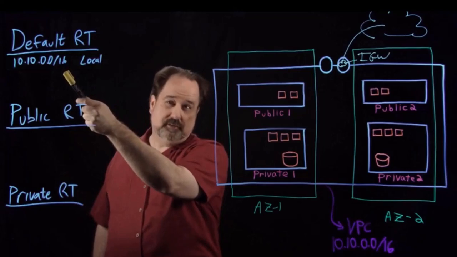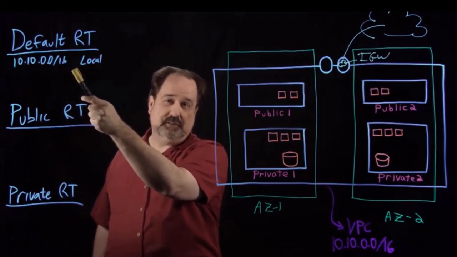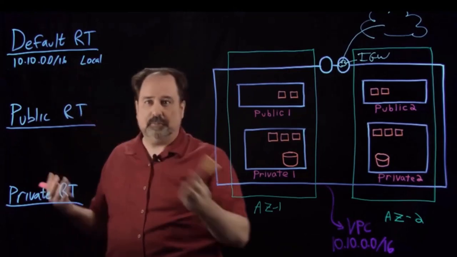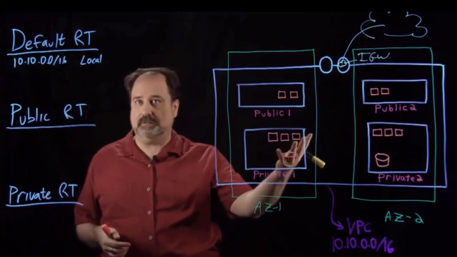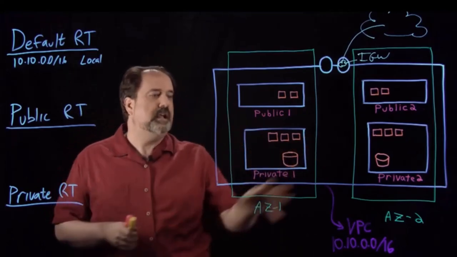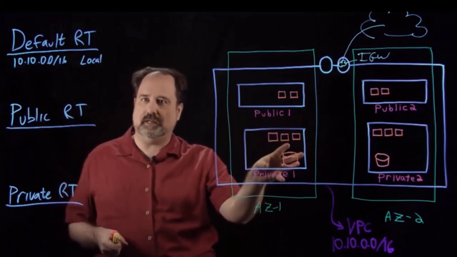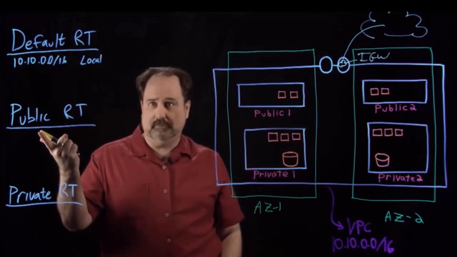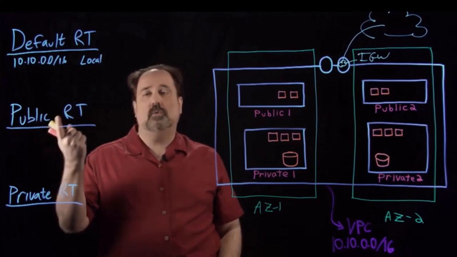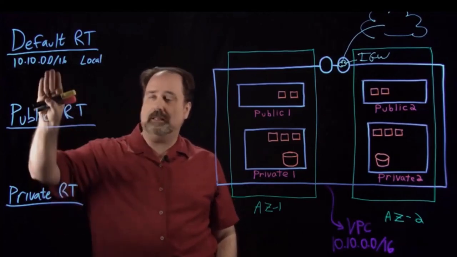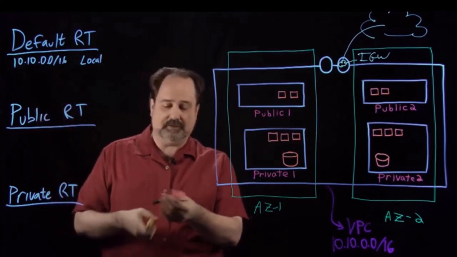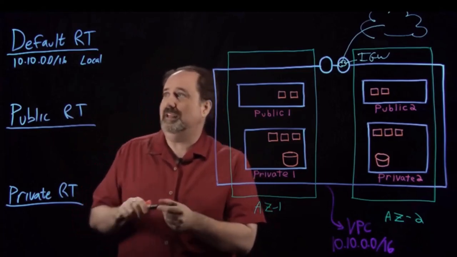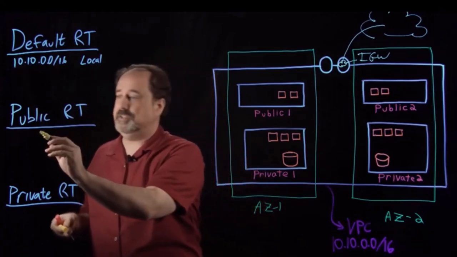We could put that access right into the default route table. The problem is that would apply to every instance, and the whole point of what we're doing is to protect that sweet GUI center right here. So instead we make a new object, the public route table. When you create a new route table, it automatically copies everything from the default route table, so it begins with 10.10.0.0/16.